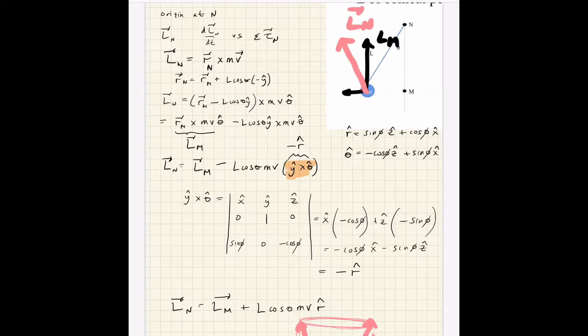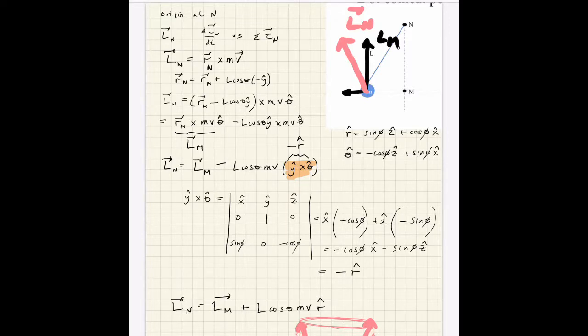So if you put your thumb in the direction of that angular momentum vector, it's kind of tracing out its own different size circle right there. Kind of tracing out a cone too. And I thought that was interesting. But it changes in time. I can see it because its direction is changing in time as it moves around the circle, right? It has this radial component in addition to this constant L sub m.